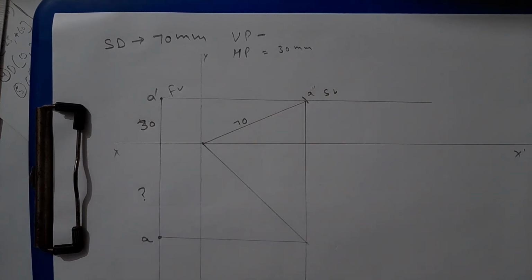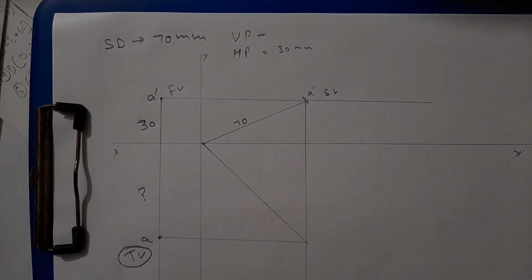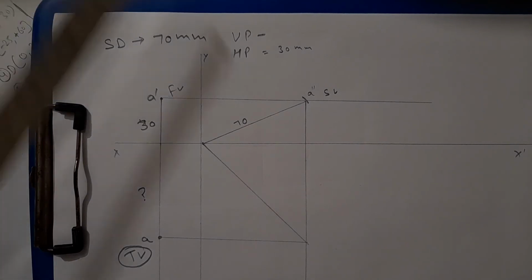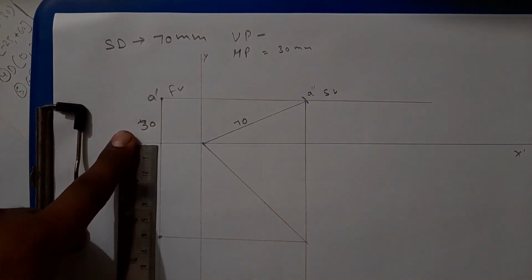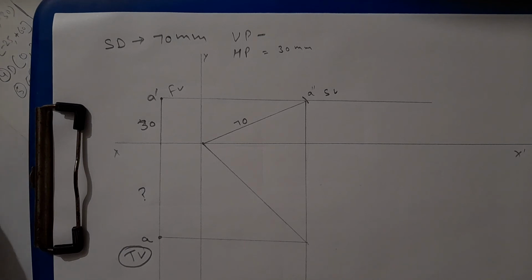These two views' values are given to us, and this is the top view. We need to plot it, and we can find the distance by measuring it. No calculation is needed over here. We never require any calculation, because calculation will give the answer, but it is not ethical, because the concepts of engineering graphics and drawing are that you need to measure and draw the things.